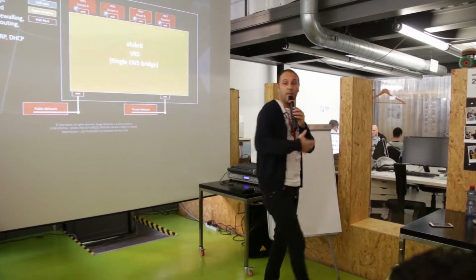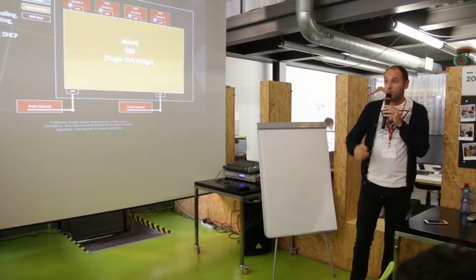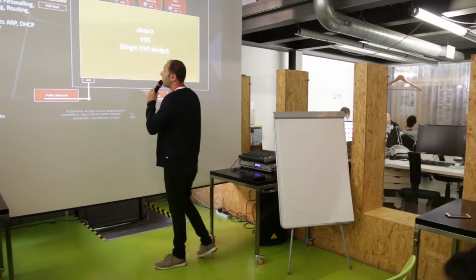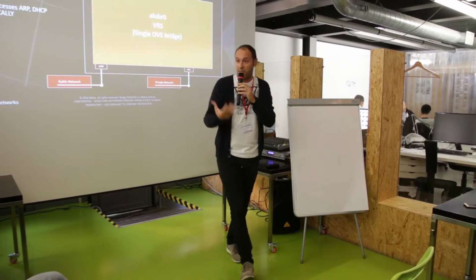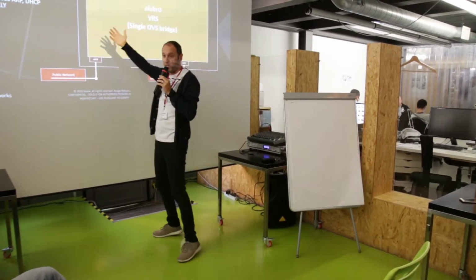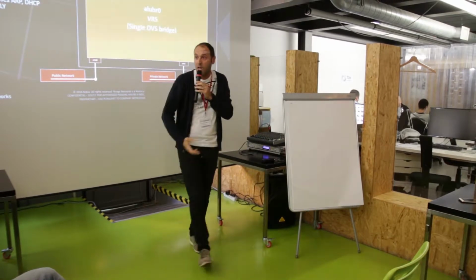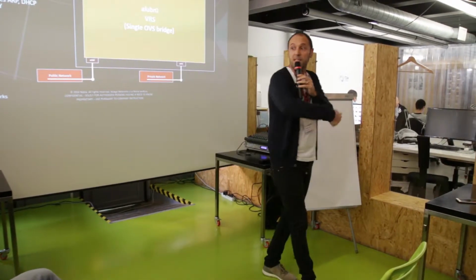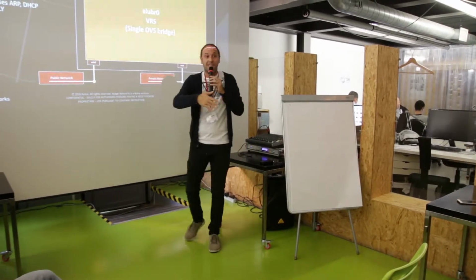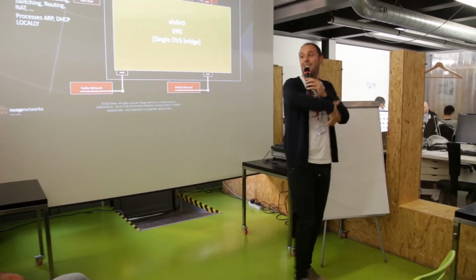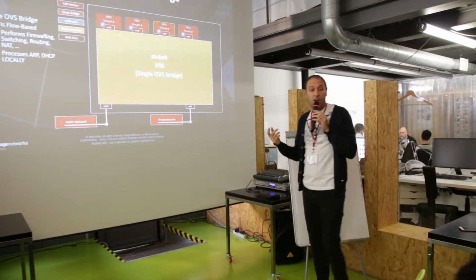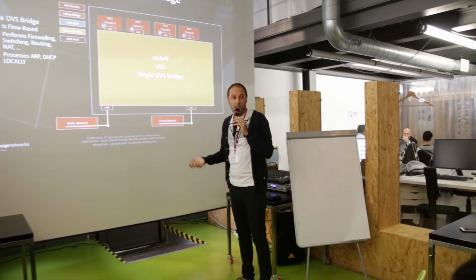We try to eliminate the so-called BUM traffic, broadcast and unknown multicast traffic. Why? Because we already have this information, because when we spin up a new virtual machine, we already have this information, for example the MAC address. We take this information and distribute it to all other OVS switches in our data center or in our data centers, because we can span not a single data center, but a lot of data centers.